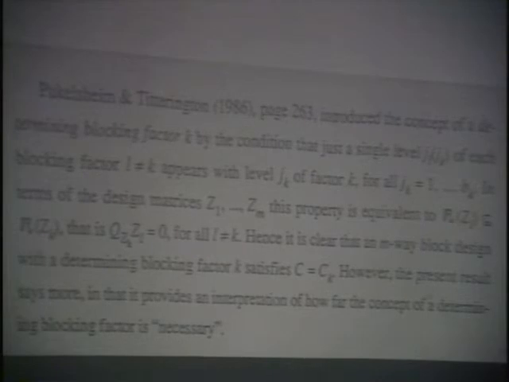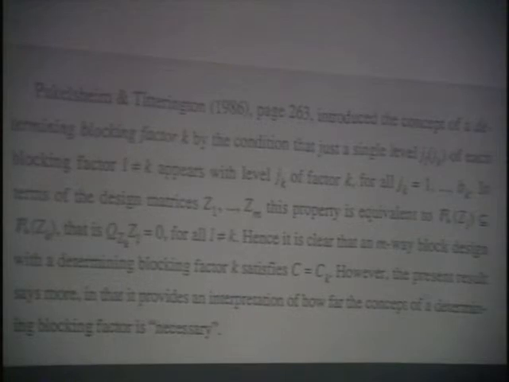Namely, they found that a blocking factor K is a determining blocking factor, which is defined such that just a single level of each blocking factor different from K appears with a level j_K of the factor K, then the design has the property which was mentioned before.